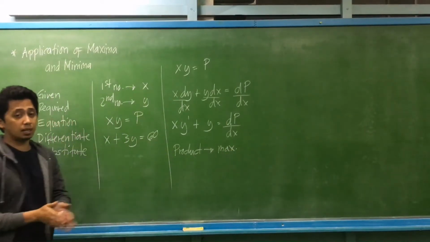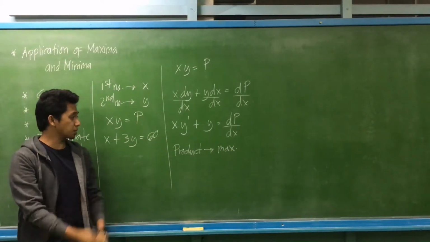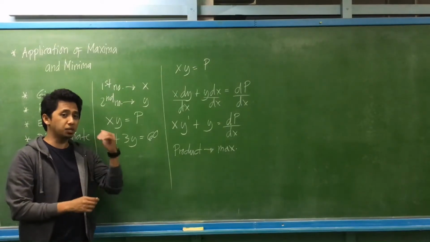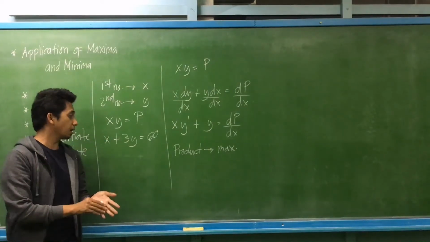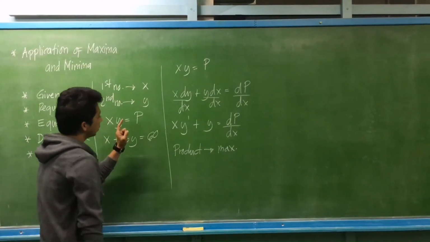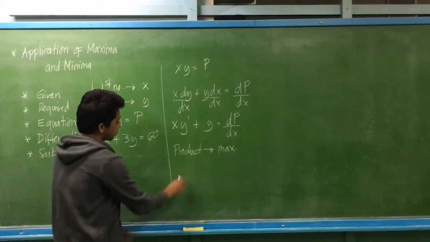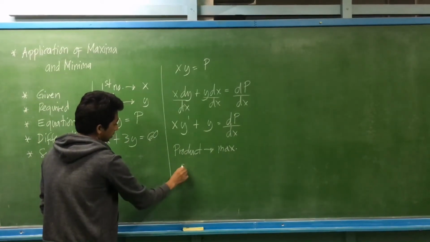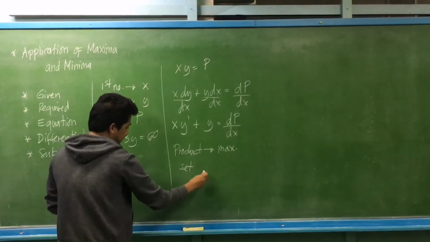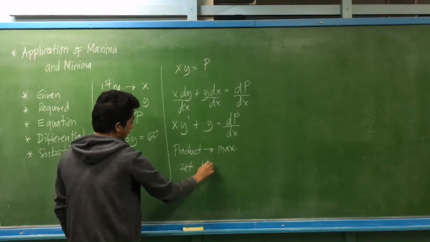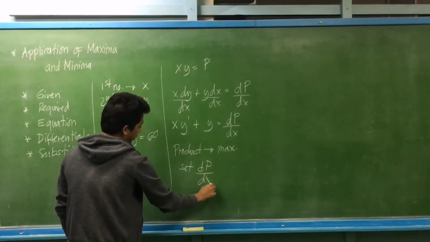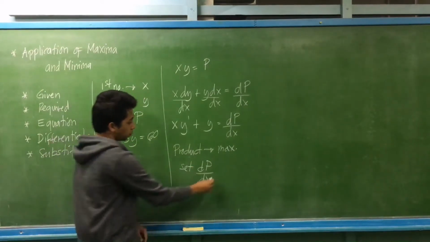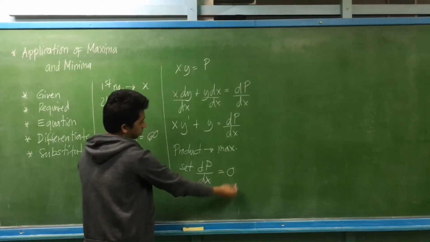What did we do last time in maxima-minima? When it is a maximum, the slope is equal to 0. Here, it is the product that is the maximum. So therefore, we set the differential of the product with respect to x equal to 0.